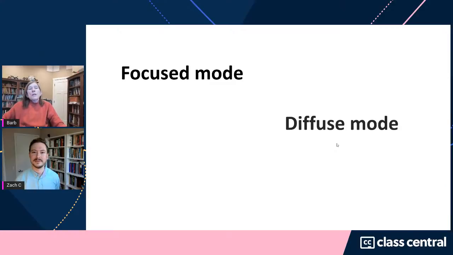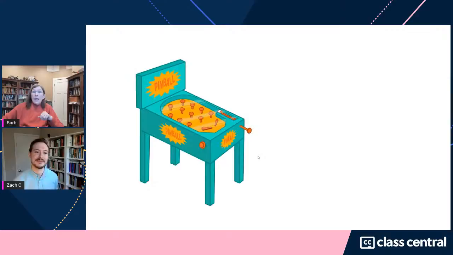So to understand these two different modes, we're going to use a metaphor. And metaphors are really powerful tools for learning. The metaphor we're going to use is that of a pinball machine. Now, if you're my age, which you probably are not, you'll remember a pinball machine, but they're used now commonly in many video games.